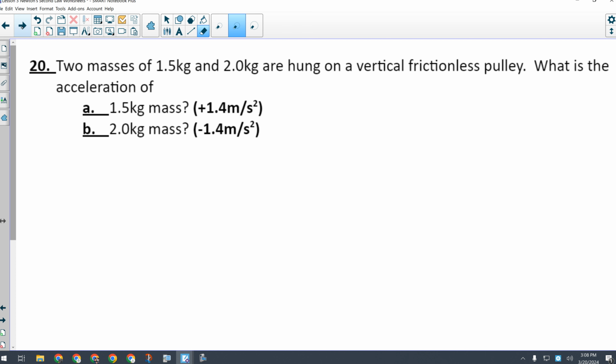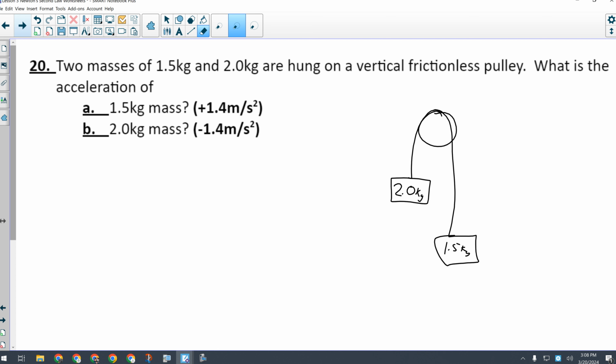All right, similar idea, but now it's what we call a vertical pulley. That's the situation you're dealing with now.